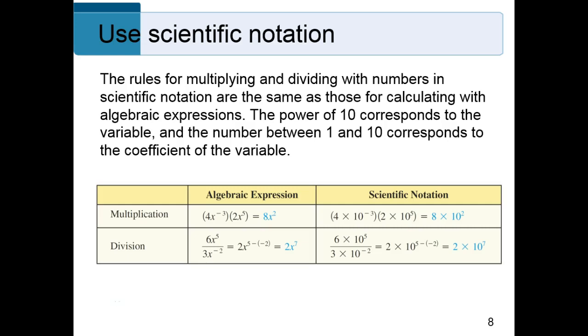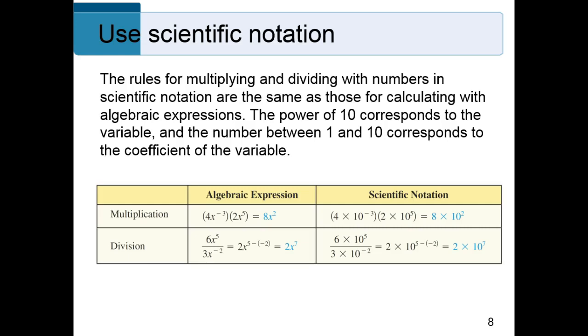Same thing here if you're dividing scientific notation. Divide the number part, 2, just like you did before, and then you do this division just like you would any other. 10 to the minus fifth divided by 10 to the minus second. 5 minus a minus 2 is positive 7. 2 times 10 to the 7.